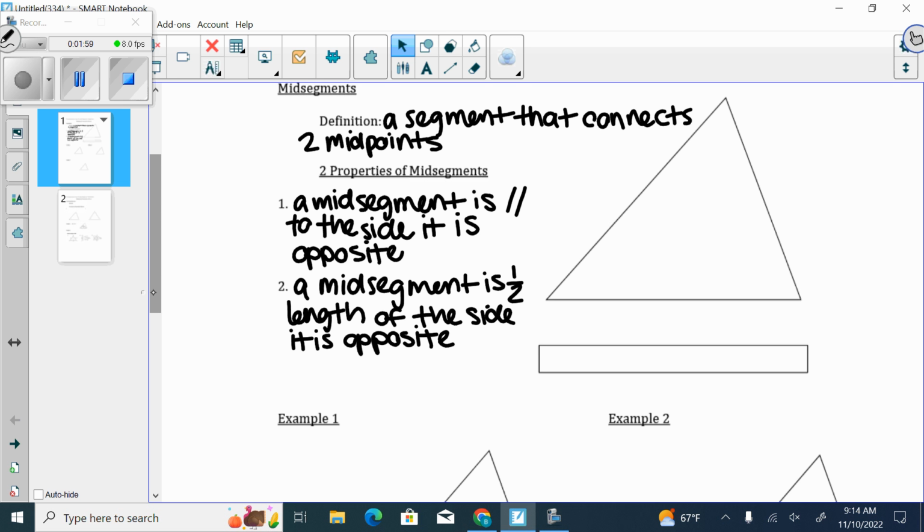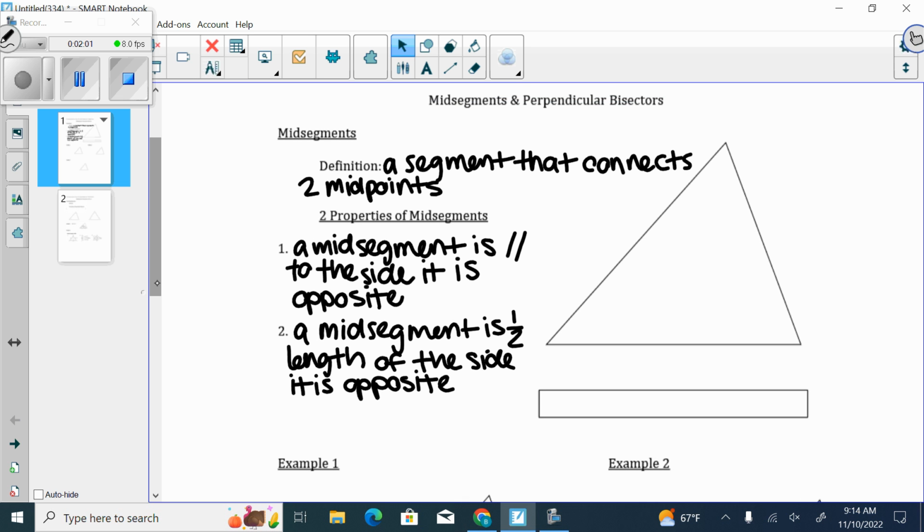All right, so we are going to draw in some midsegments here. It's not important that we're accurate because, as we know, we're not supposed to trust a picture completely anyway. Unless they have some given information, we're just going to go based on markings, okay? So we'll mark what would be midsegments.